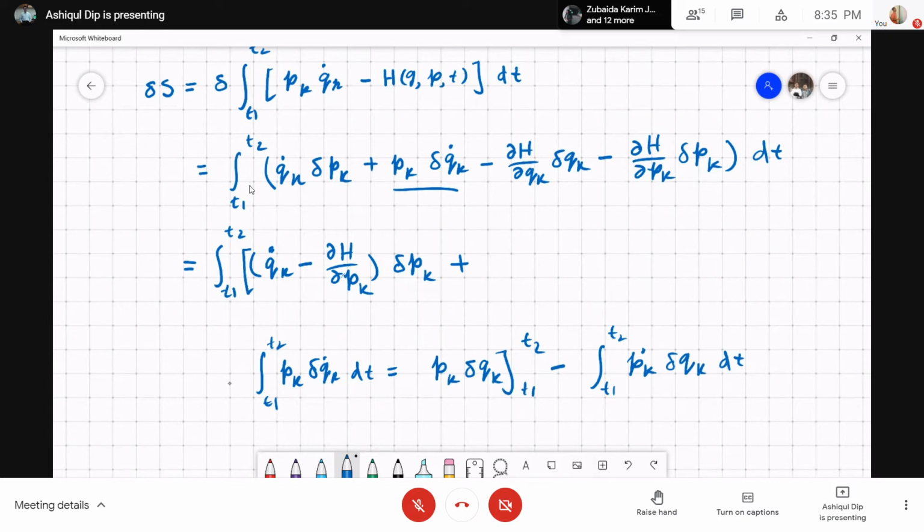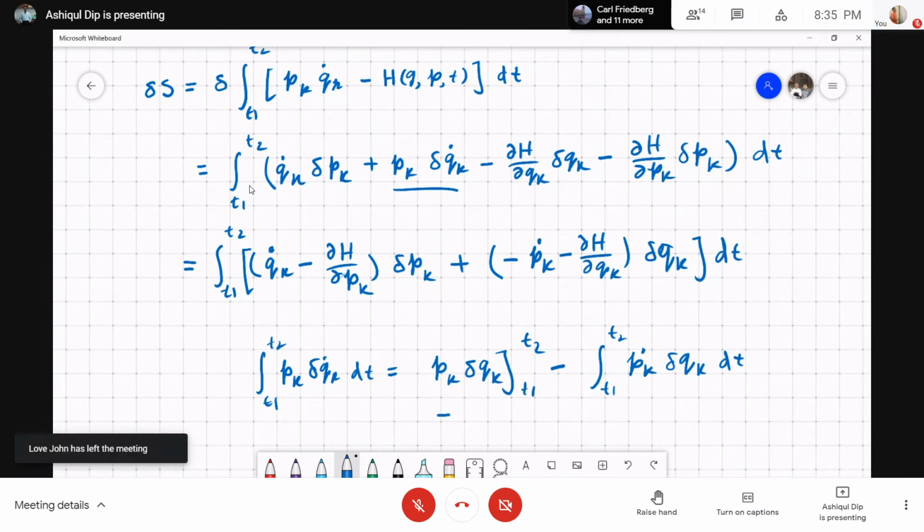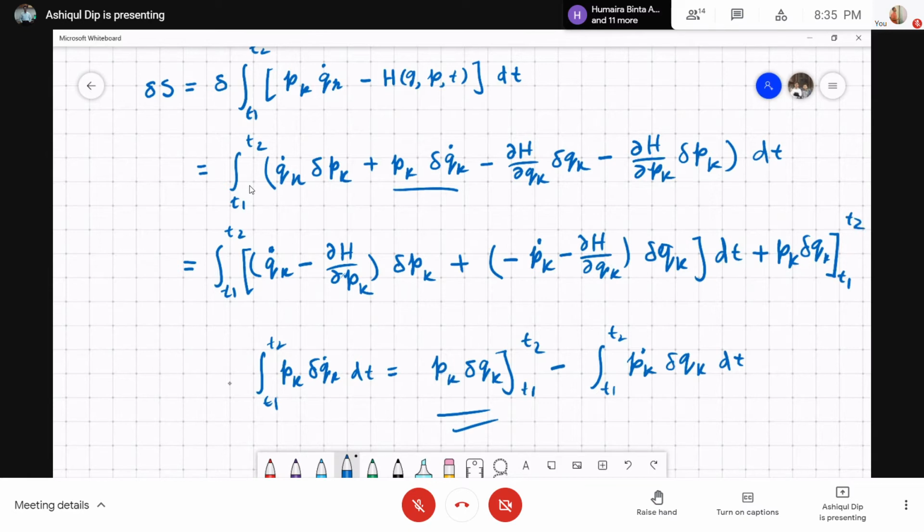So that gives us negative pk dot, negative delta h by delta qk, and then we have variation qk dt. Then we have the boundary term, pk variation qk evaluated at t1 up to t2, that actually vanishes, because variation of qk vanishes at t2 and t1 as well.